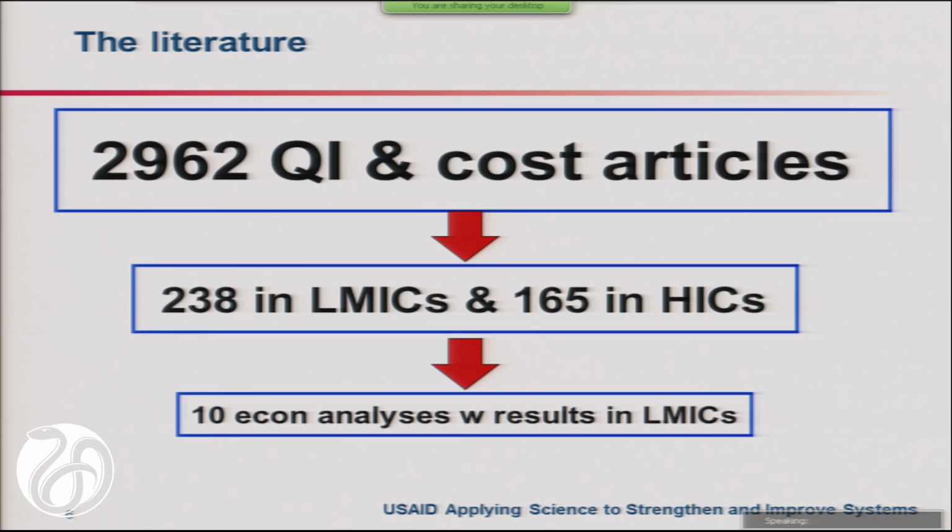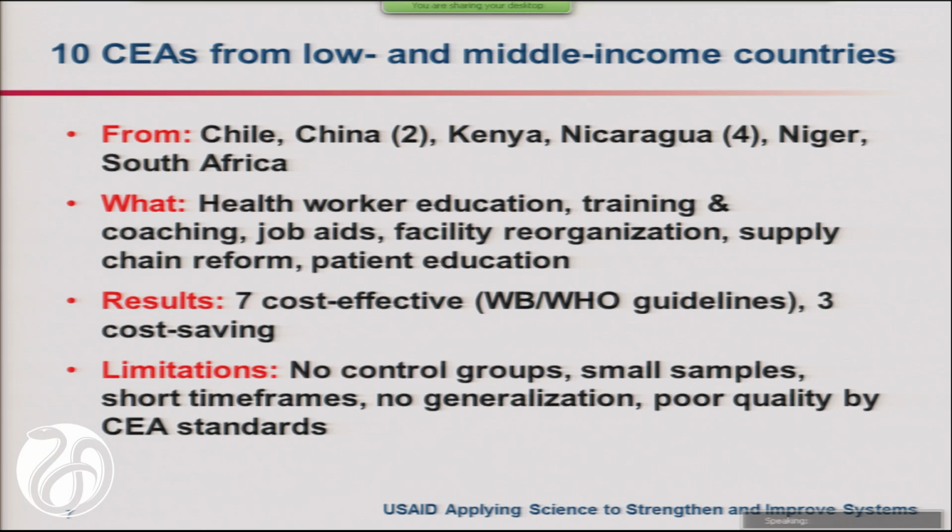And this is where it gets to be a little bit of an awkward example of narcissism and self-flagellation, because of those 10 studies, there were 6 countries involved, and the ASSIST project did 5 of them. So we looked at a lot of different interventions.